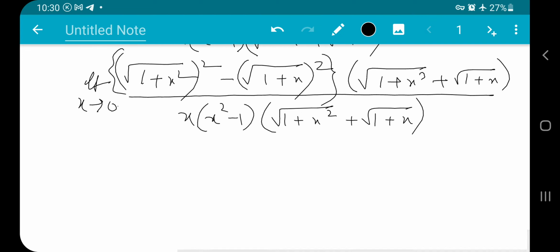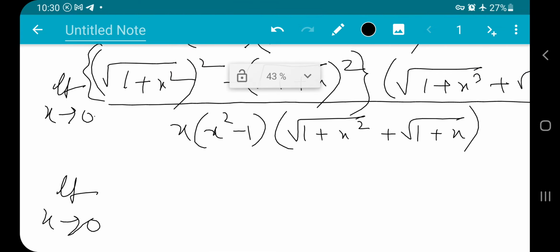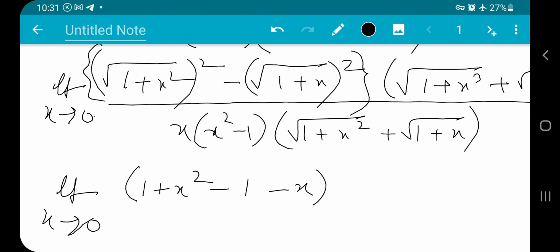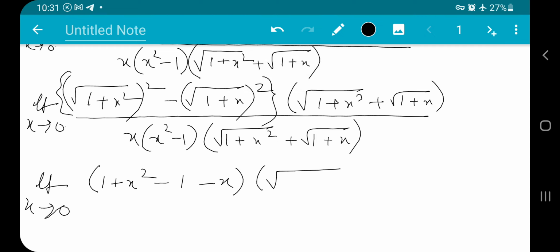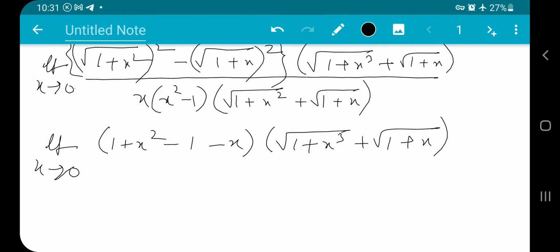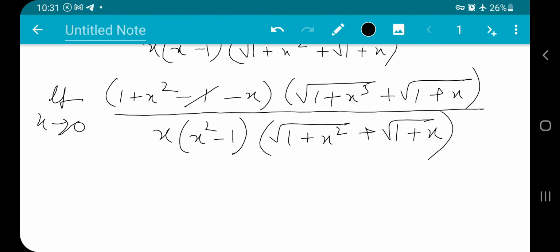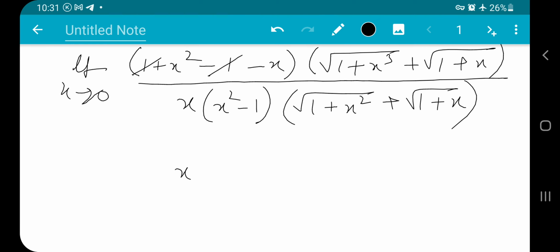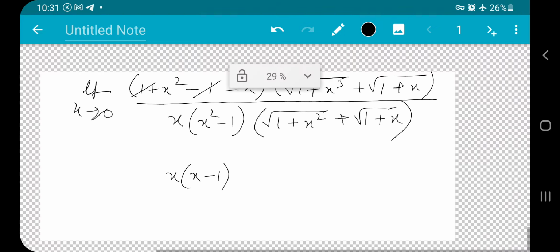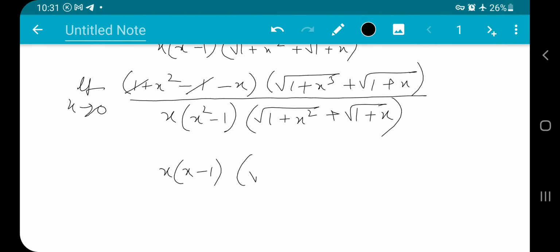Okay. Now limit x tends to 0. We are getting 1 plus x square minus 1 minus x. And this one just have to copy. This is root over 1 plus x square to 1 plus x. Here we are getting with this 1. What is left out? X minus 1. Okay.